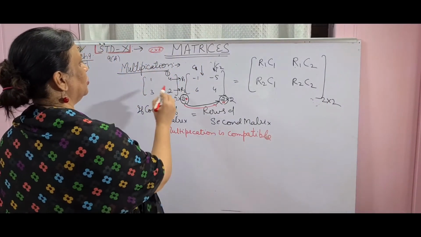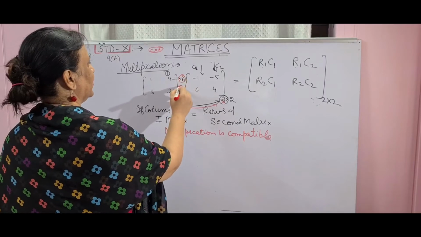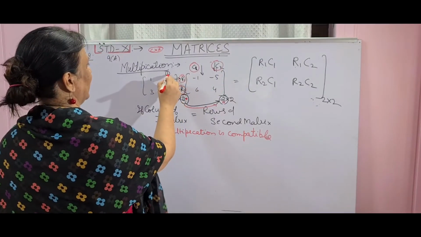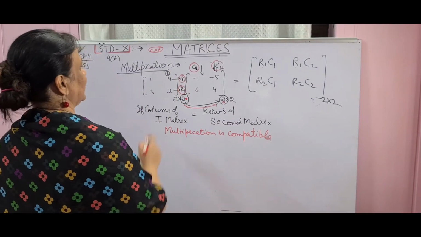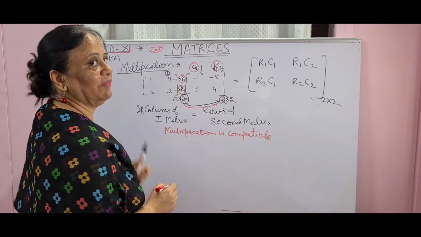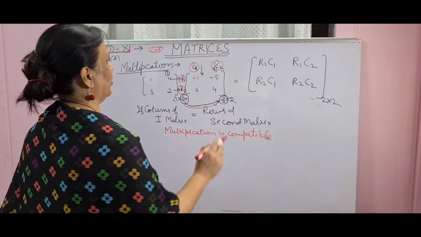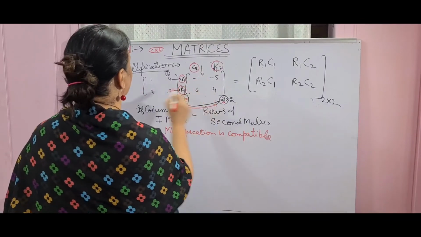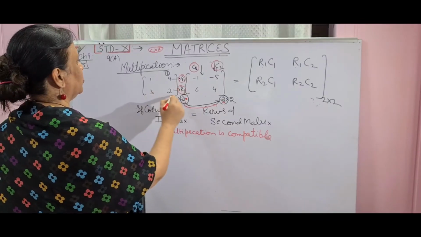I am telling you to consider rows of the first matrix and columns of the second matrix, and you will write the formula. In the beginning you better write the formula, then when you are well versed with it, children, you can do it orally also. So row 1, column 1, row 1, column 2. Row 2, column 1, row 2, column 2.